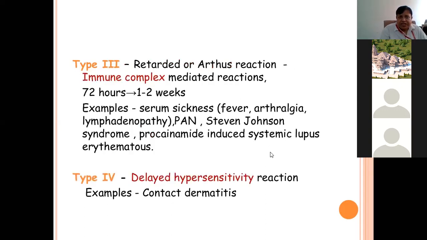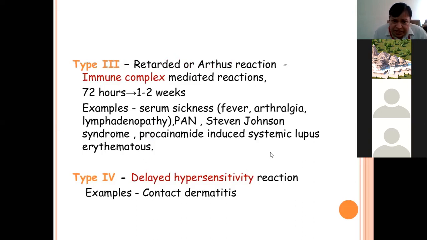Now type 3 is the retarded or Arthus reaction. Here, an immune complex mediated reaction. It occurs in 72 hours to 1 to 2 weeks.